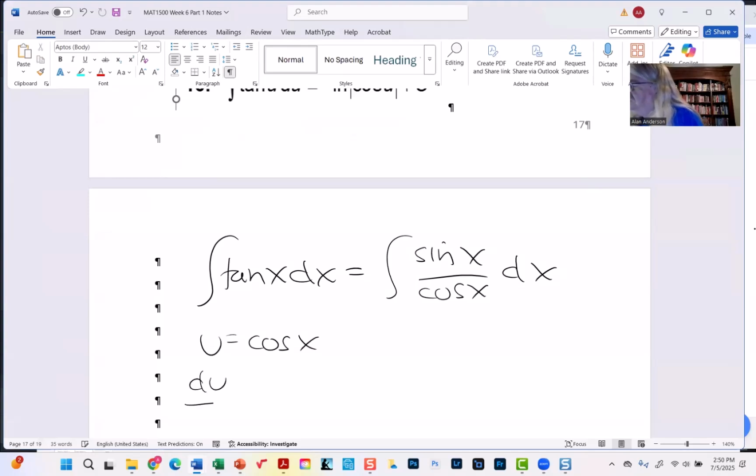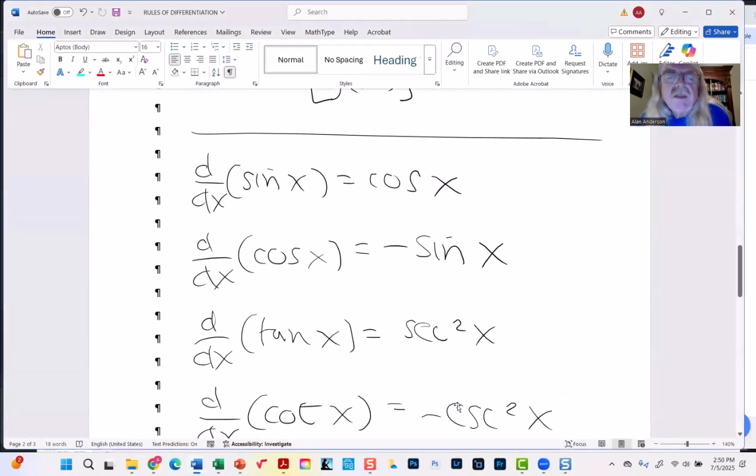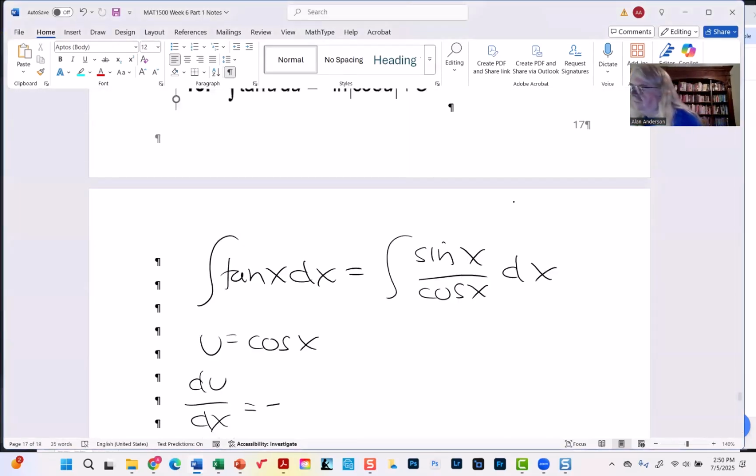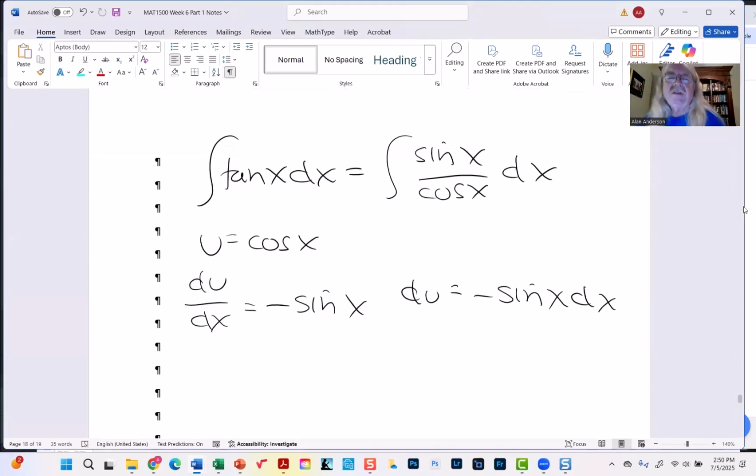And if you remember from our previous examples from this table of derivatives, the derivative of the cosine is the negative sine. We don't quite have what we need, but we can supply that negative.